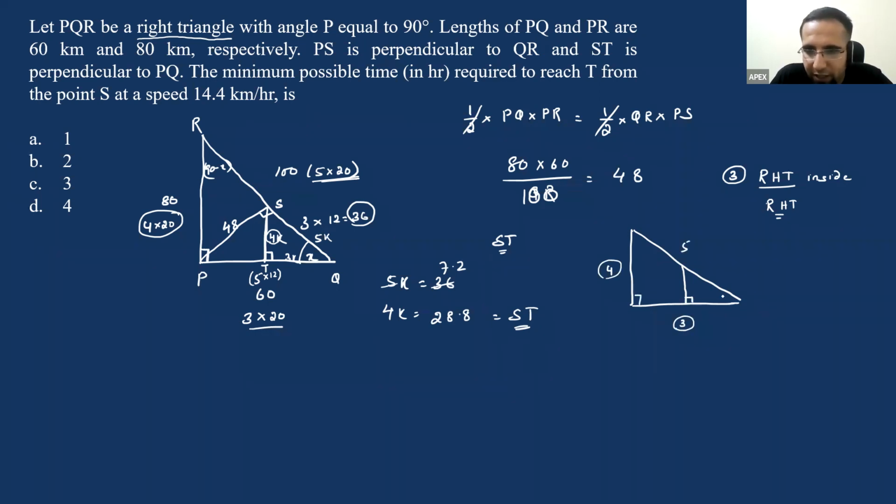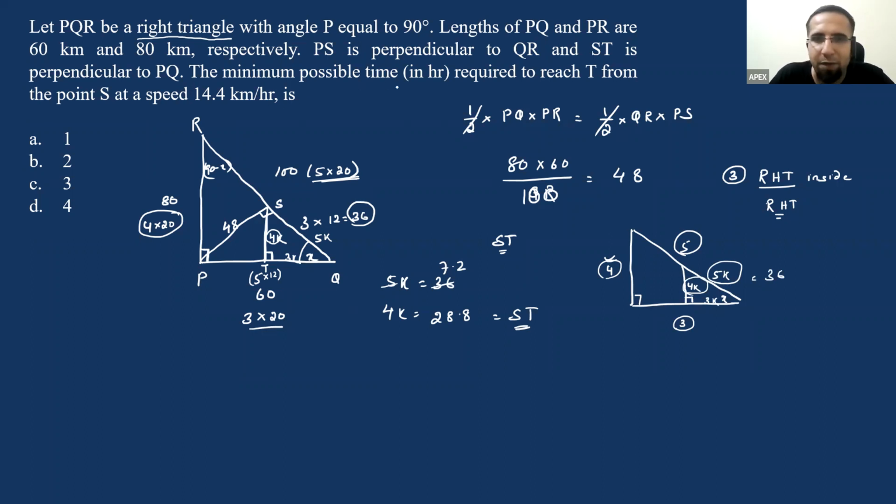So if I take this as 90, this as x, opposite to x in the larger triangle is a multiple of 4. So correspondingly, opposite to this also will be a multiple of 4. Opposite to 90 is a multiple of 5, so this will also be a multiple of 5. And in the smaller triangle, this becomes 3. If 5k is equal to 36, then we are calculating the value of 4k.